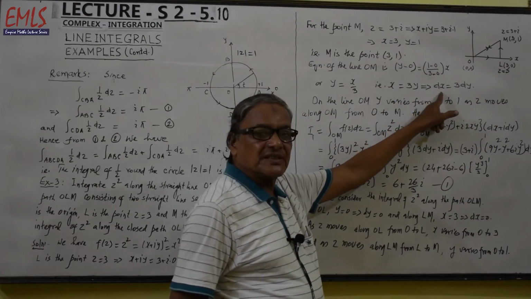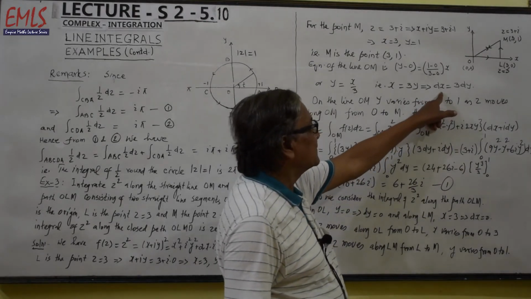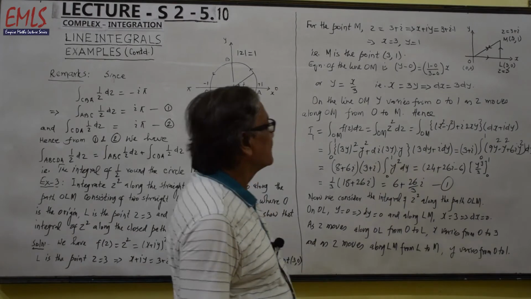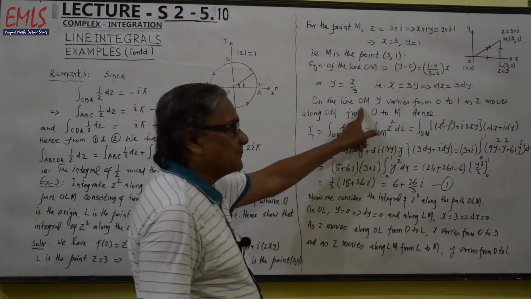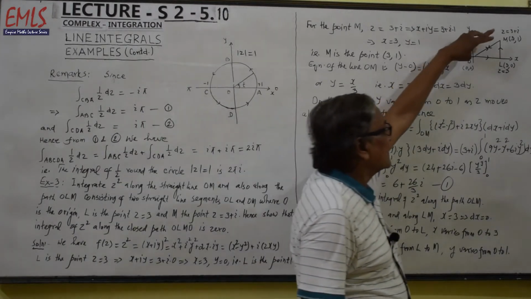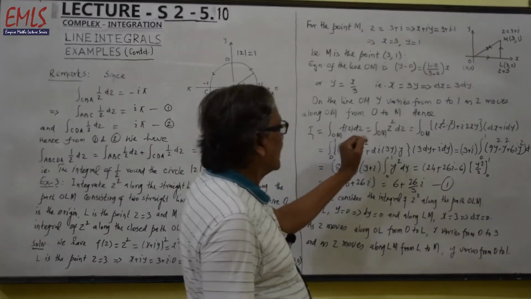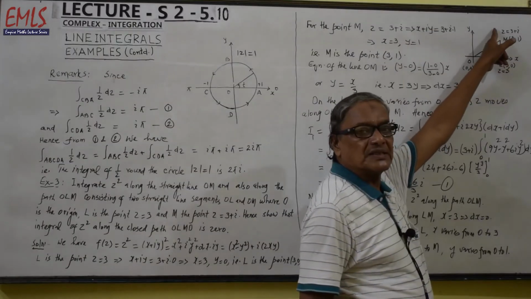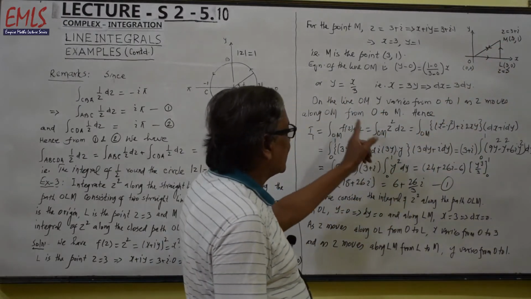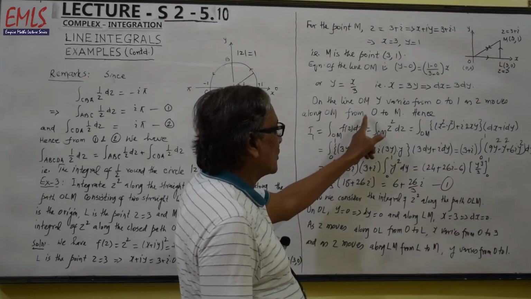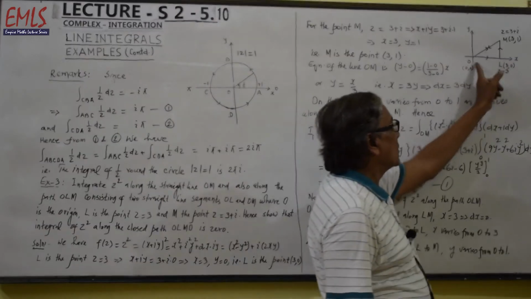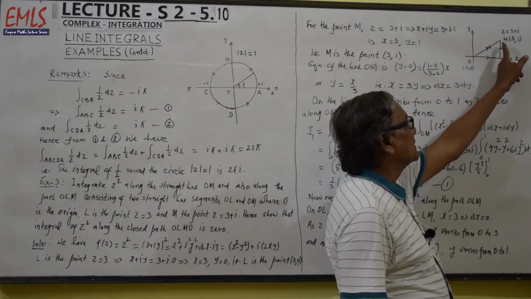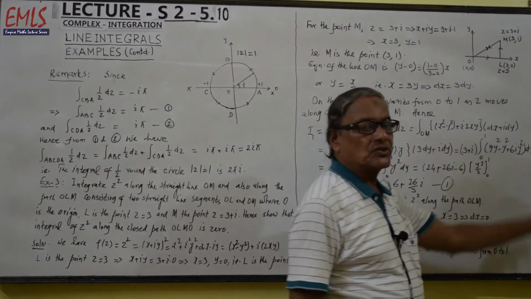On differentiation, dx equals 3 dy. On the line OM, as z moves along OM from O to M, y varies from 0 to 1.